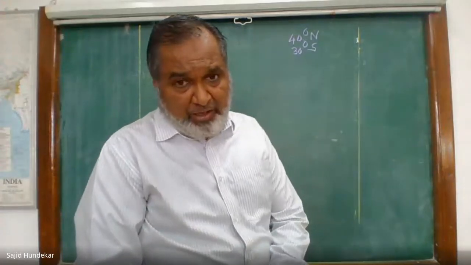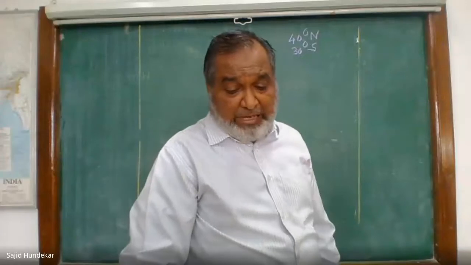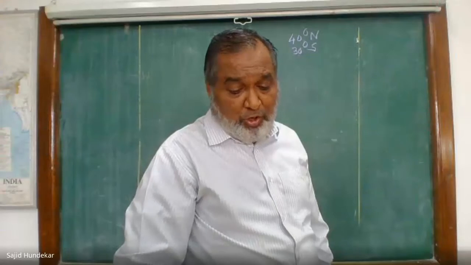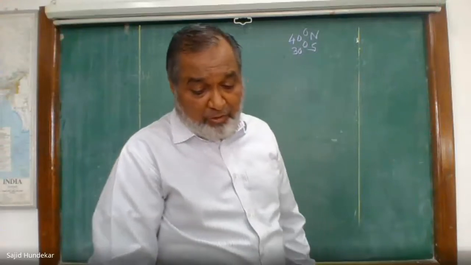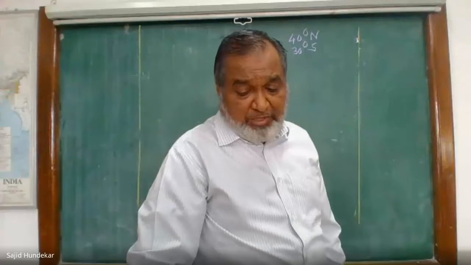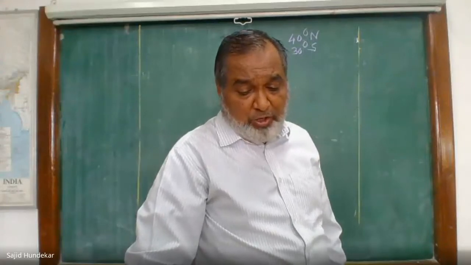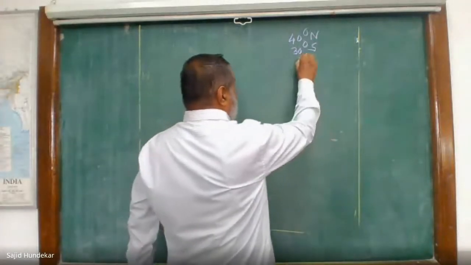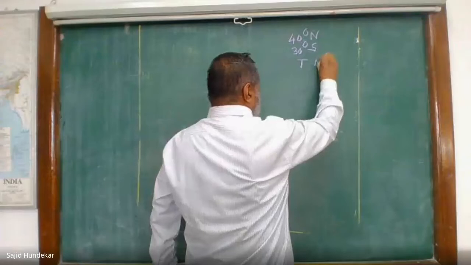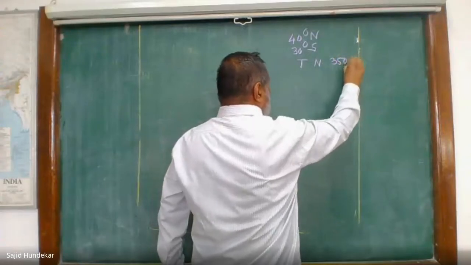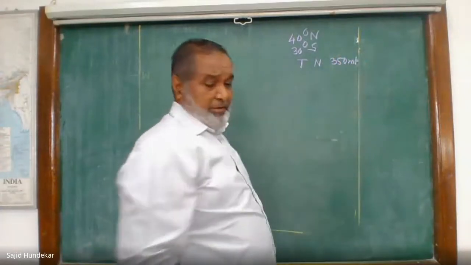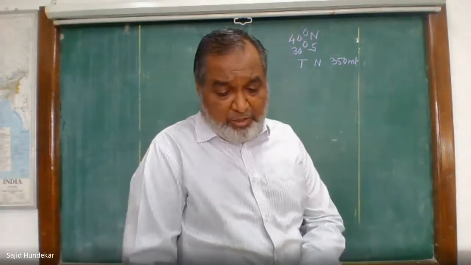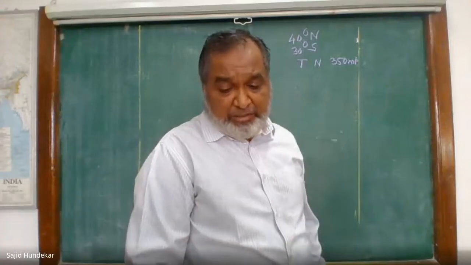Now here they have mentioned the top junction of the sandstone bed. Top junction of the sandstone bed is exposed on the northern slope at a distance of 300 meters.